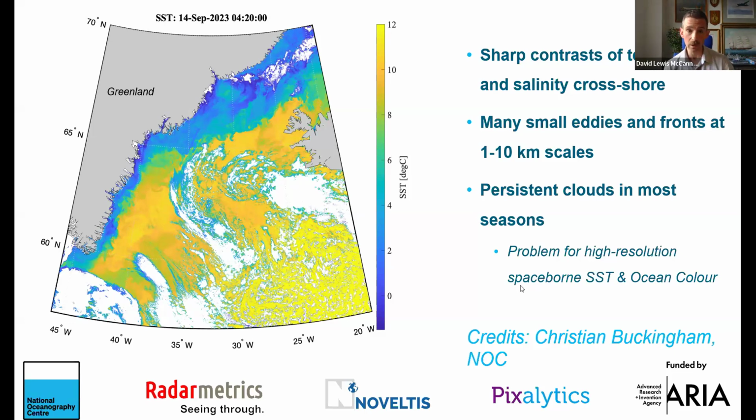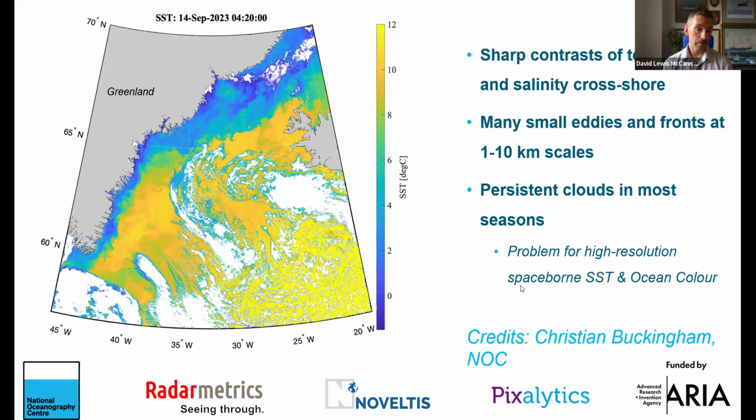This is cold, fresh water from the Arctic, flowing in a very coastally constrained current that is basically following the shelf break. Very steep bathymetry here, all the way down the east coast of Greenland. We see some wonderful sub-mesoscale dynamics in these eddies and fronts at around the kilometer scale.